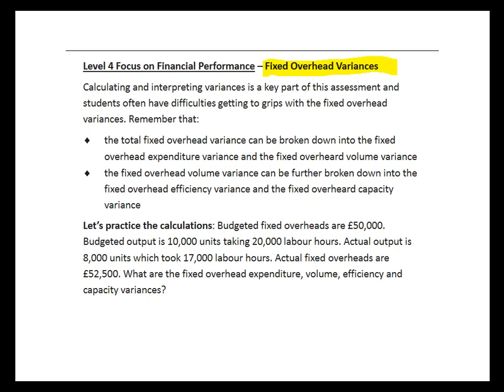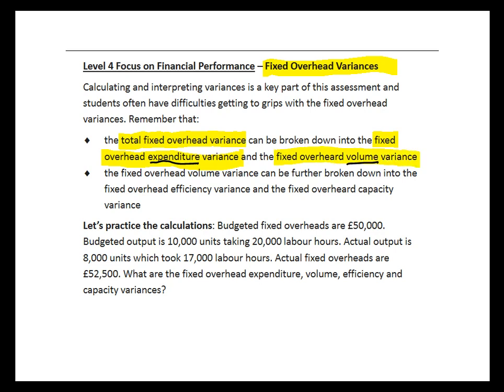Now, what you need to bear in mind is that we can take our overall fixed overhead variance and we can break the total fixed overhead variance down into two sub-variances: the fixed overhead expenditure variance and the fixed overhead volume variance.